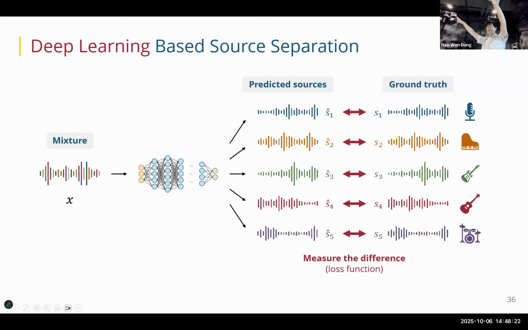We do the fast Fourier transform, and then we get the spectrograms, and then we compute the difference between those two spectrograms. Because the Fourier transform is a differentiable operation, you can actually backpropagate the gradient back through the whole FFT.